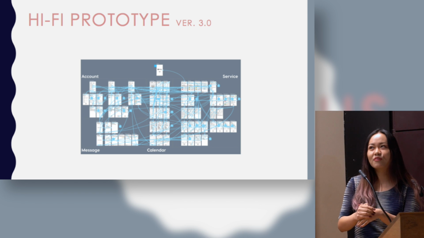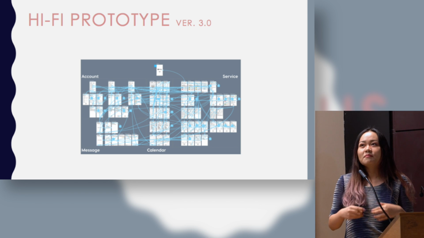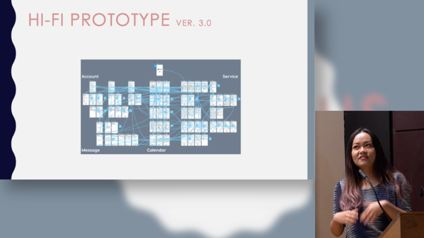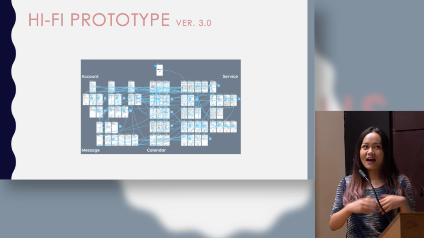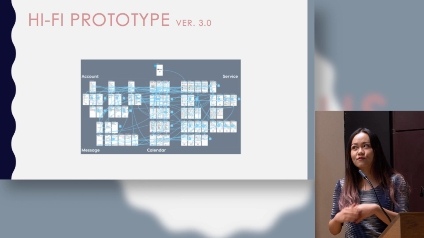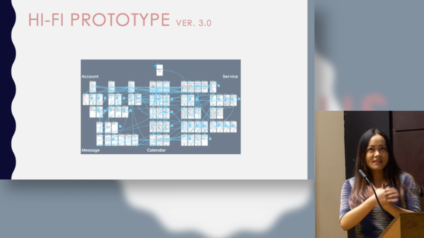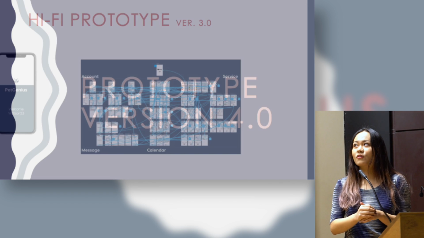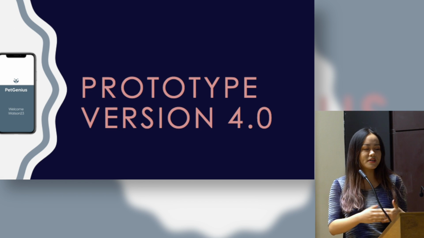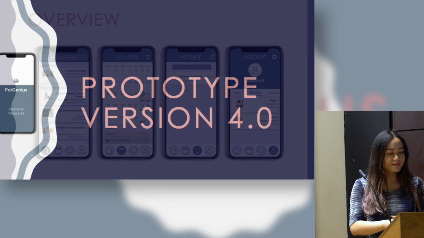It is not our final design, because we are constantly updating it as we have more testing and research on it. So let me give a little bit more detail on our newest version of the prototype.